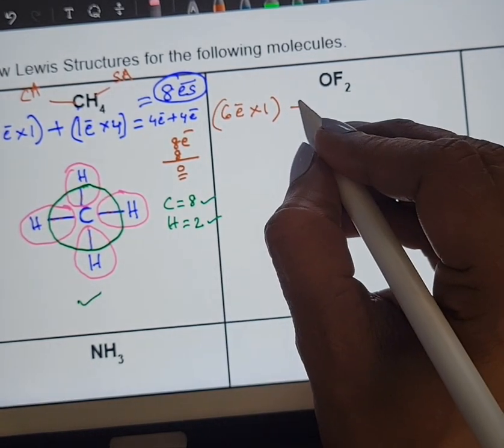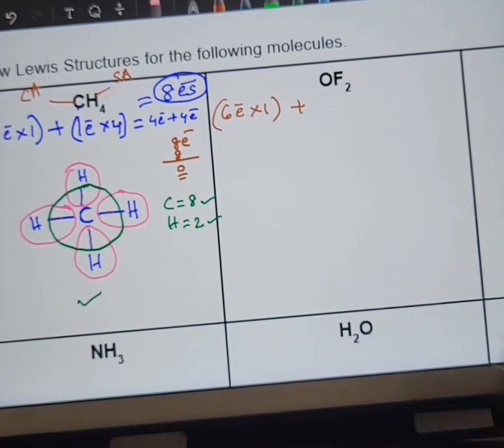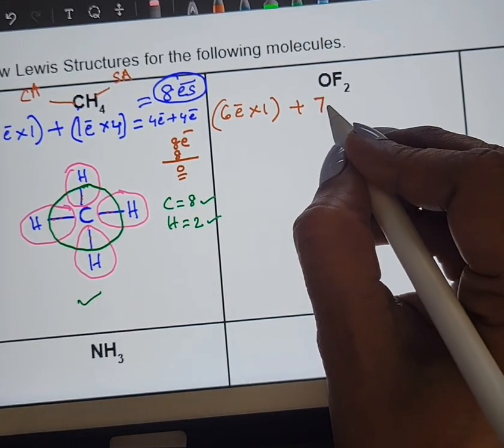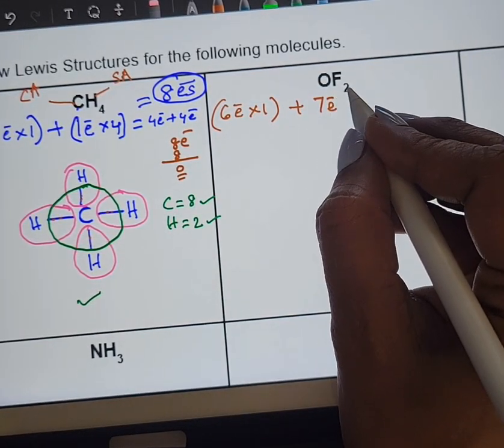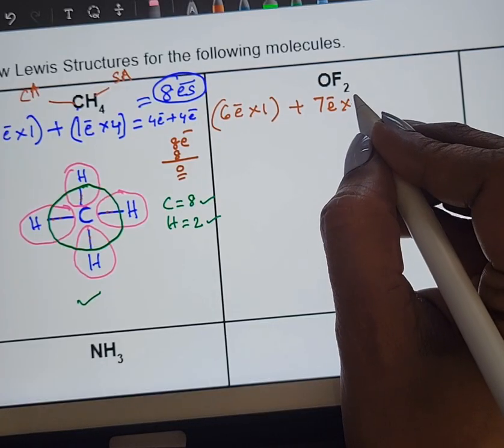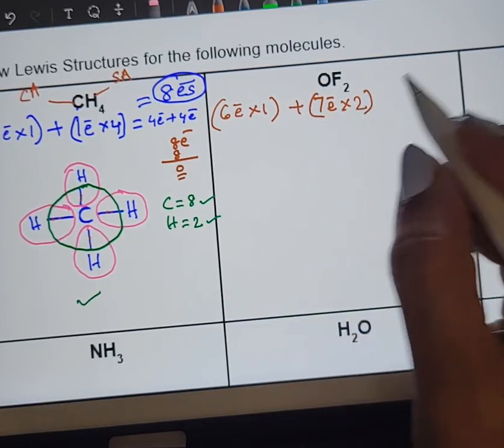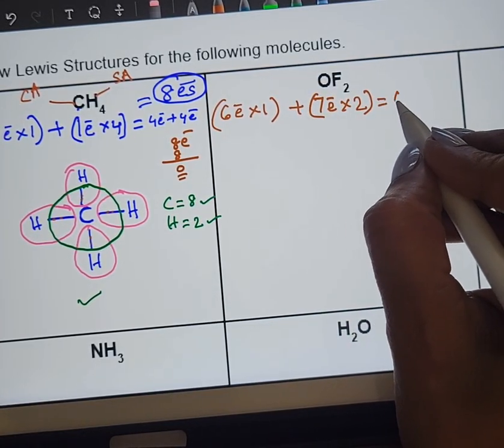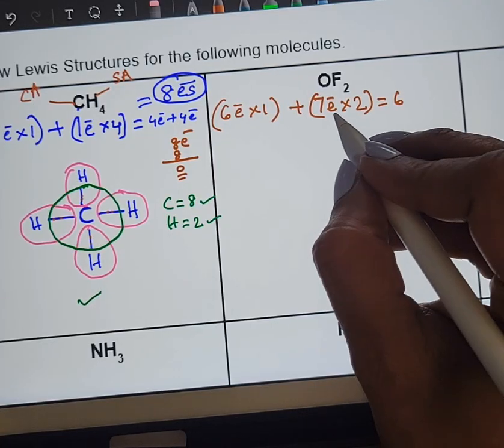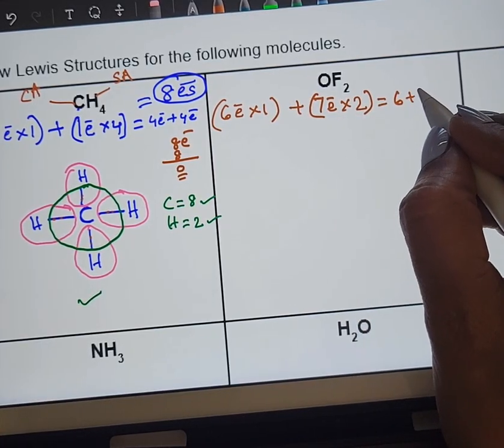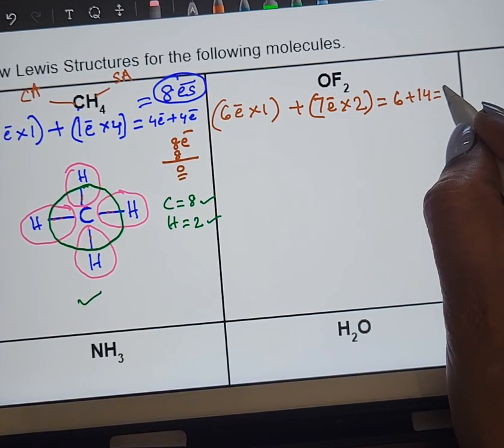Plus fluorine, which has 7 electrons. And how many fluorines are you seeing here? 2. So total electrons are 6 from the first one, 7 times 2 is 14. So total how many electrons? 20 electrons.